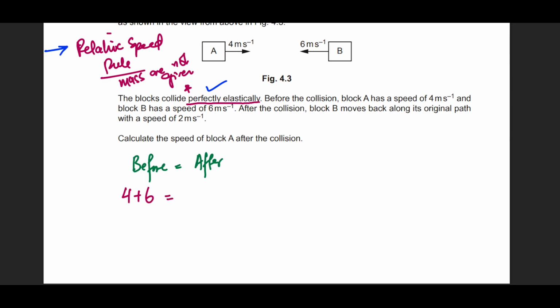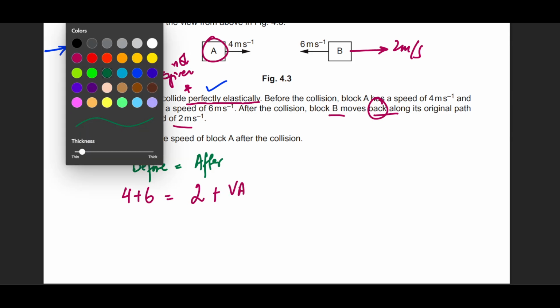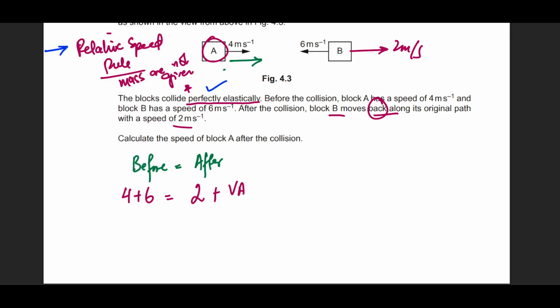What's happening after? It says B moves back along its original path with a speed of 2 meters per second. Moves back, which means B is going to go back with 2 meters per second. Okay, fine. So it is simply going to be considered as 2 plus VA. We don't know what VA is going to do. Either it is moving along the same direction or it is going to go back. I will know this after solving the equation. Let's see what happens.